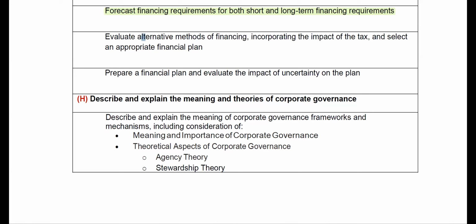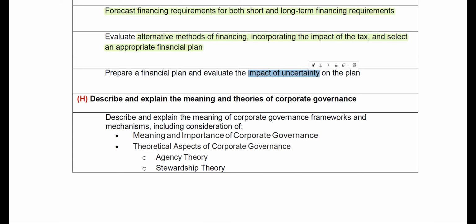Then you can evaluate alternative methods of financing, incorporating the impact of the tax, and select appropriate financial plans. So sometimes they'll give you different methods of financing and you are going to implement it, right? You are going to look at, okay, when I go for debt, what is going to be the implication on the financial statement? When I want to go for equity, what will be the implication? When I want to go for lease, what will be the implication? Then we will be able to prepare a financial plan and evaluate the impact of uncertainty in the plan.